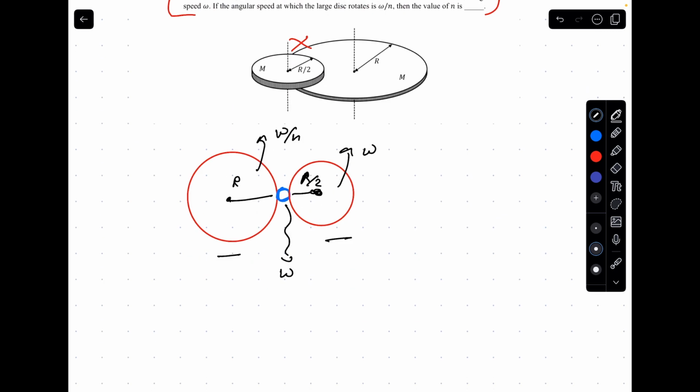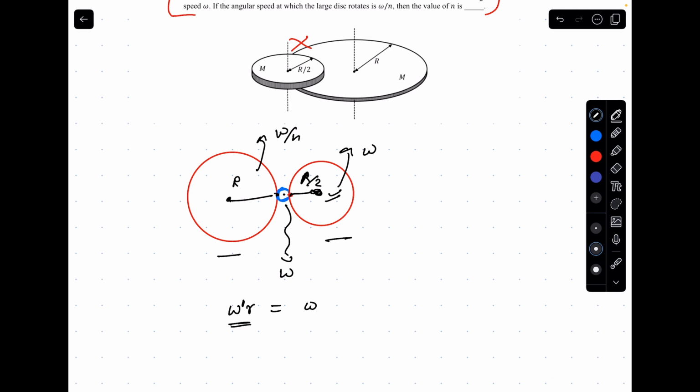So if that is omega, let's suppose the radius of the motor shaft is small r. Can I say omega r is the velocity of all the points in contact, on the circumference? And because they are rotating, there should not be any slipping. So the linear velocity of this disk at this point should also be equal to omega r.